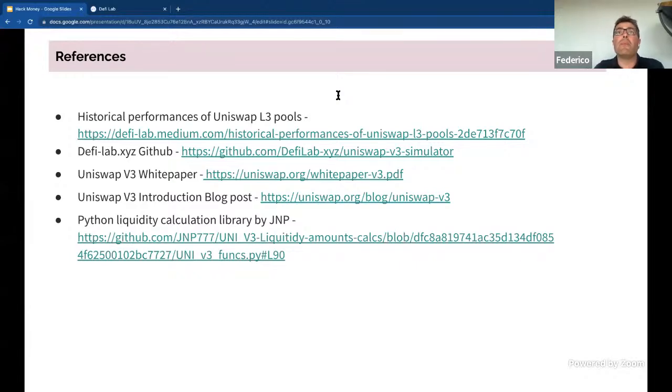I hope I didn't misspell your name, but LP stands for liquidity provider in this case. So what it means is, in Uniswap, you have the possibility of depositing capital in the automatic market maker to facilitate trades, and doing so, you earn fees for that.